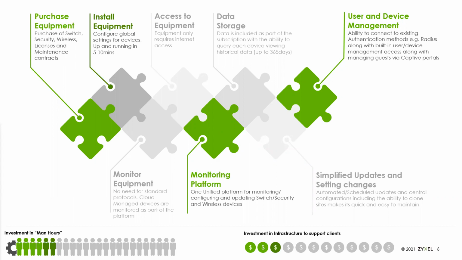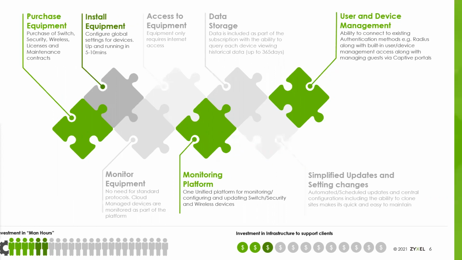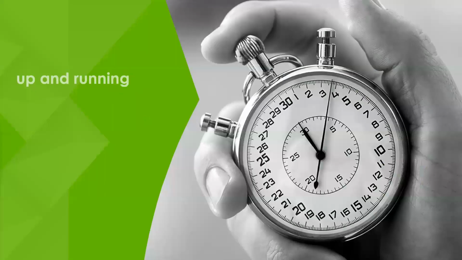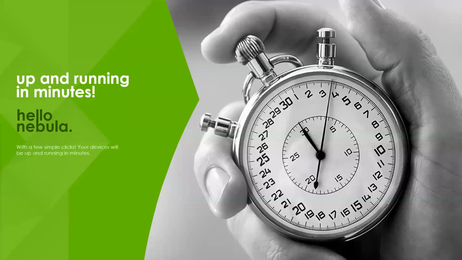Now we'll drill down a little bit more into Nebula. One of the first things here is you can be up and running in just a few minutes. One of the longest parts of setting up a new Nebula account, or a new Nebula site, is creating the Nebula account itself. You'll log into nebula.zyxel.com and create your account. If you've already got a My Zyxel account, you will link those two together.